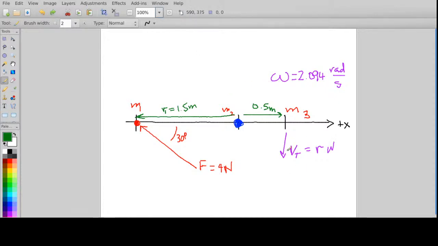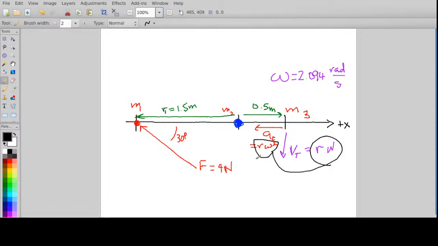Okay, and so let me just show you where that is on the diagram here. So what you're seeing there in purple is the tangential velocity, but let me do it in red here. The centripetal acceleration is towards the center, like that, AC. Okay, and the centripetal acceleration is calculated using r omega squared. So they're very similar. If you take a look here, you can see r omega squared looks an awful lot like r omega.